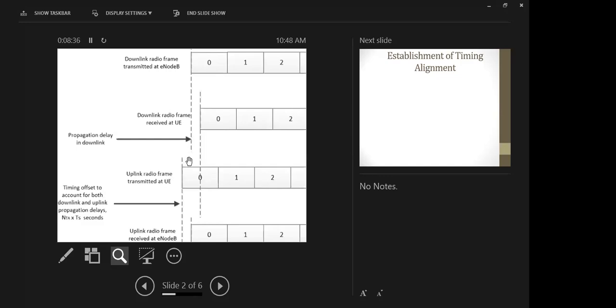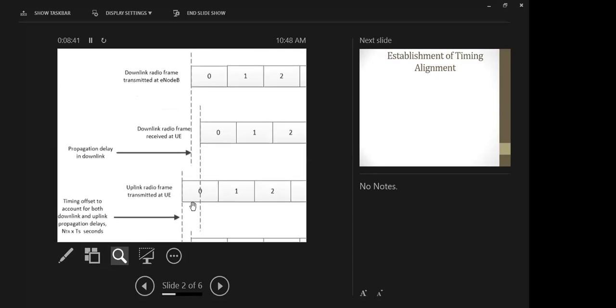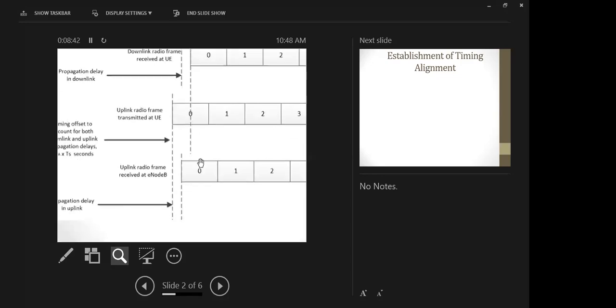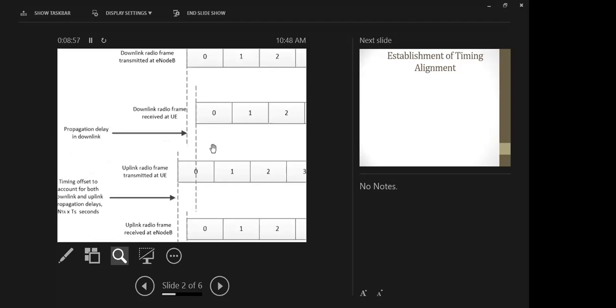If the timing offset is perfect, then there will be perfect alignment between reception and transmission at the E node B end. So the E node B keeps sending this timing offset every now and then and makes proper adjustment. You may be moving in the mobile environment, and that may be causing some shift continuously.